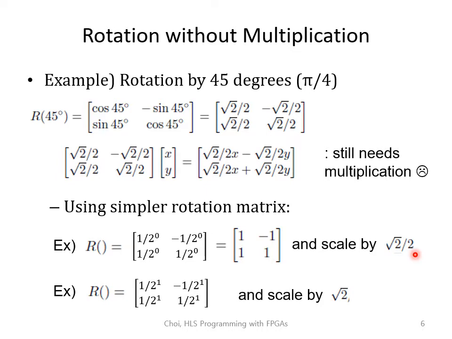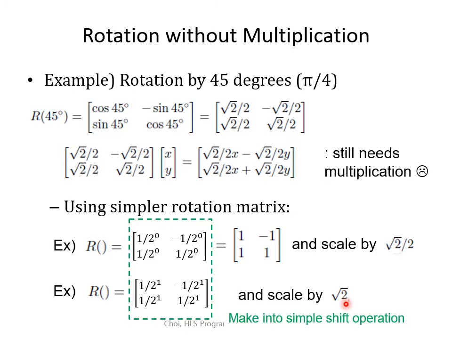Let's do another practice. Take a look at this rotation matrix. It is composed of 1 over 2's and minus 1 over 2's. Dividing by 2 is just a shift operation, so this matrix is also very simple to compute. Just make sure to scale it by root 2 at the end.